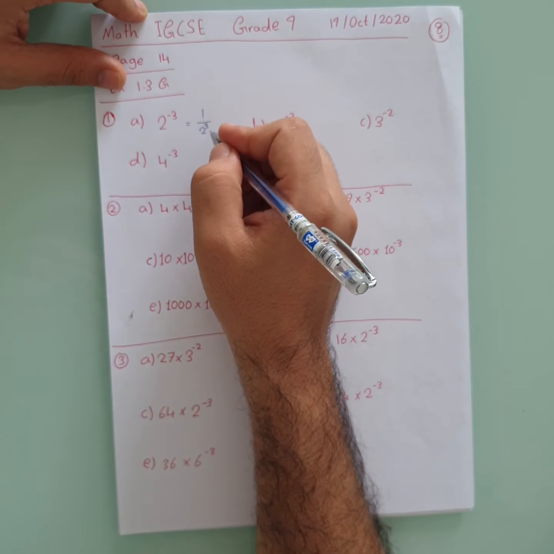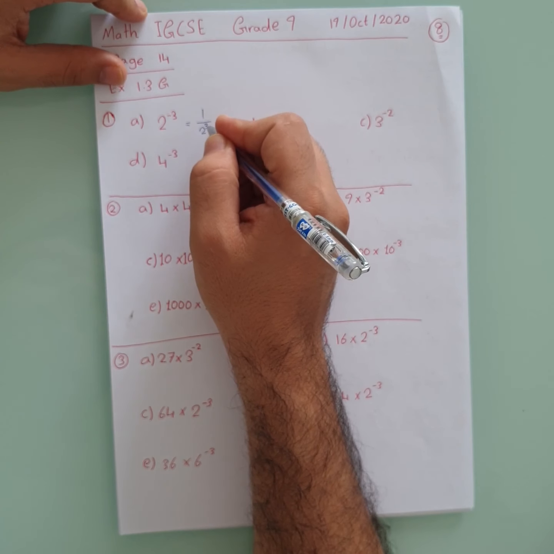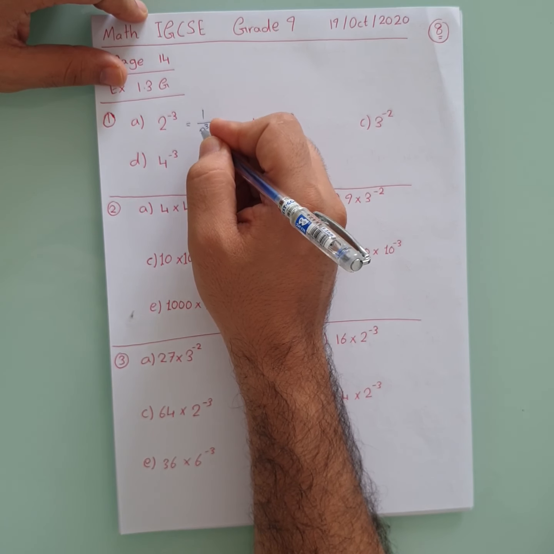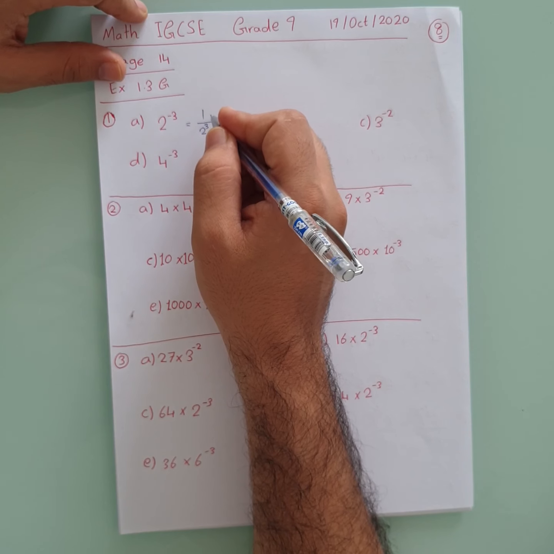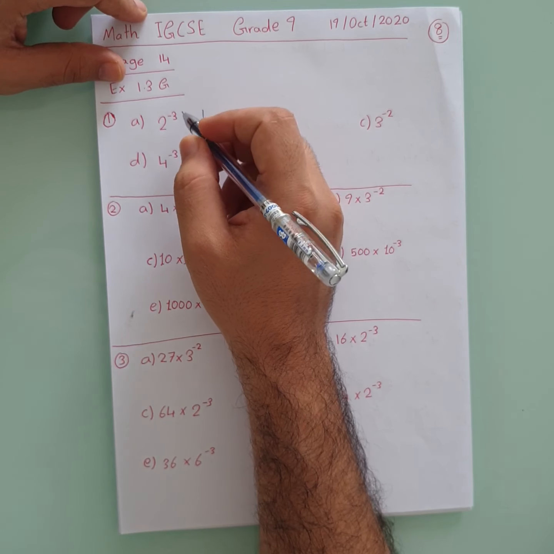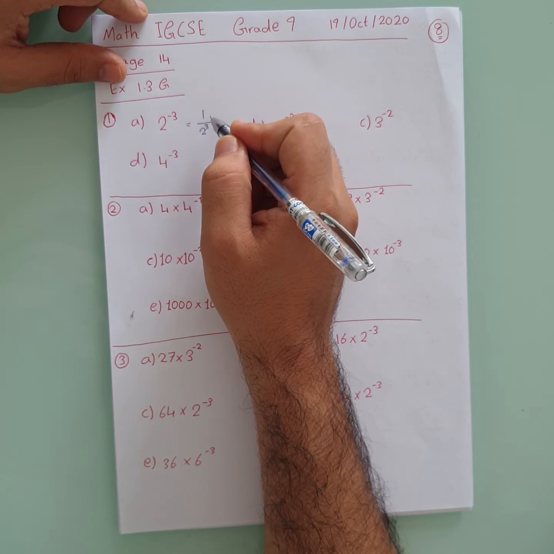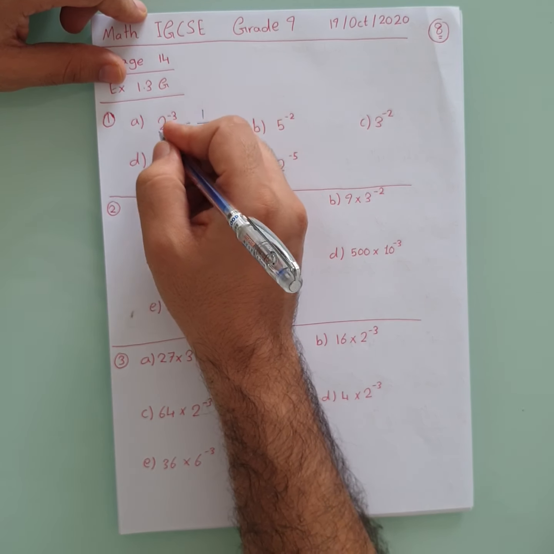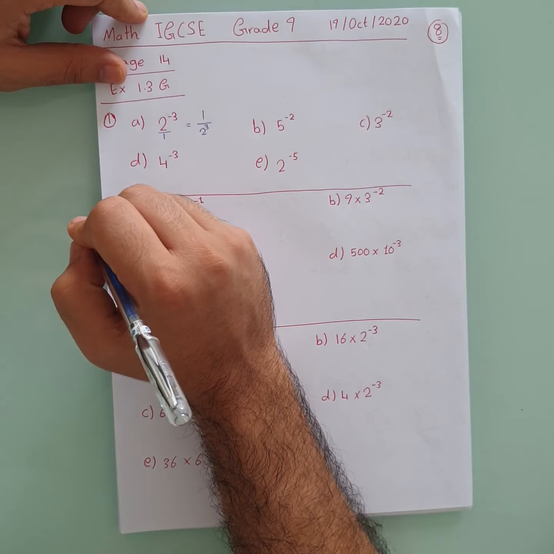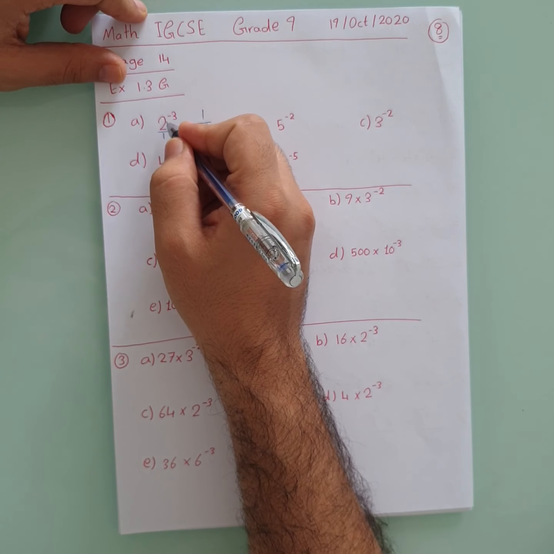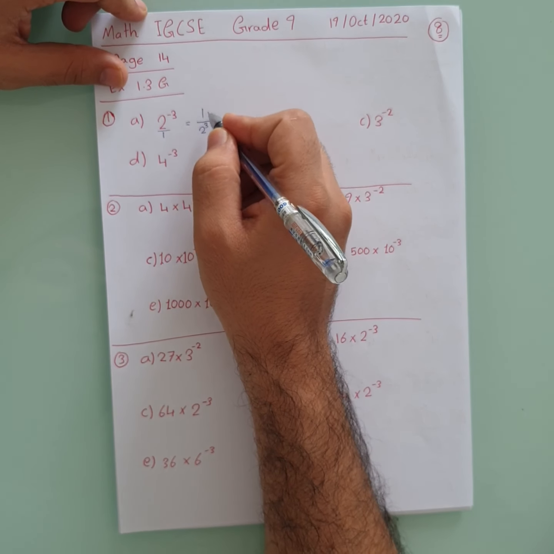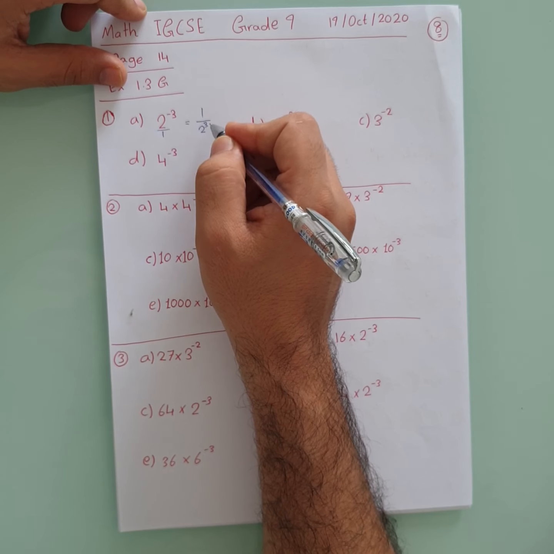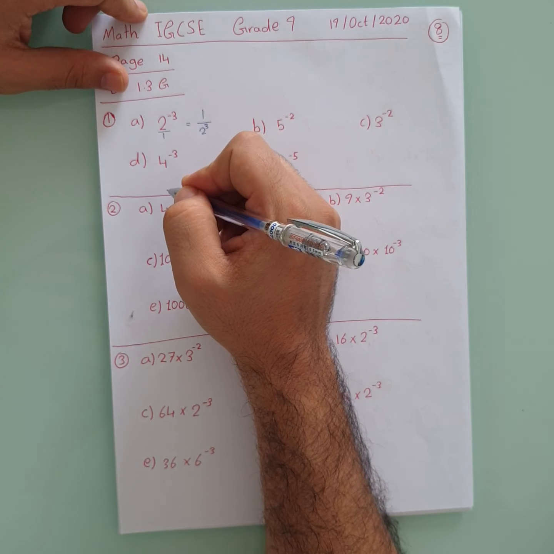Because we agree that when we move any value from the denominator to the numerator or vice versa, you change the sign of the power. Here it is negative, so it is actually divided by 1. This is the numerator, this is the denominator, I change it to the denominator, so it became 1 over 2 to the power of 3.